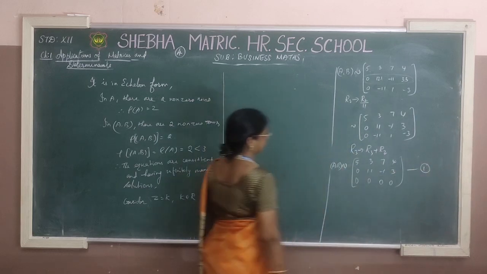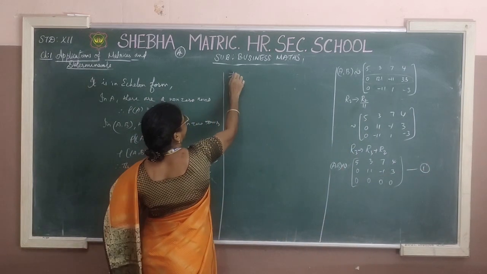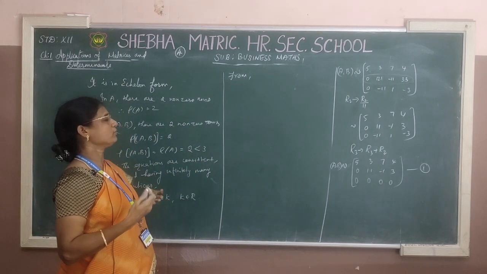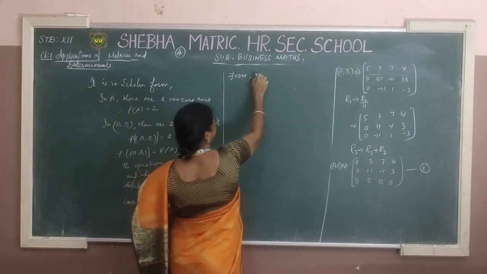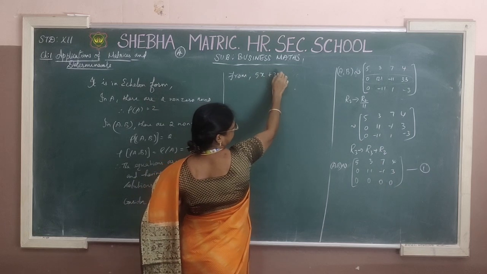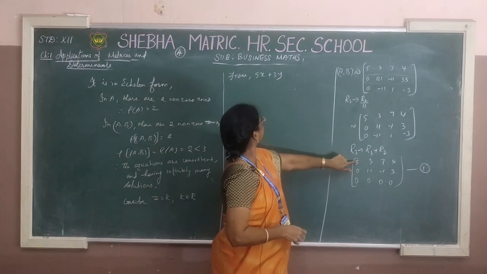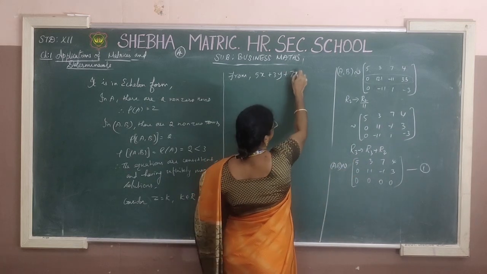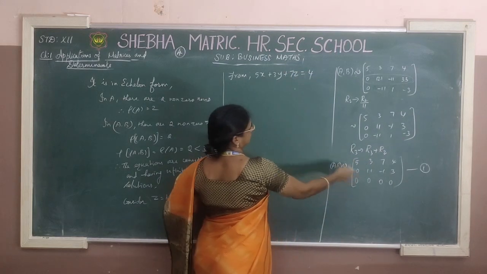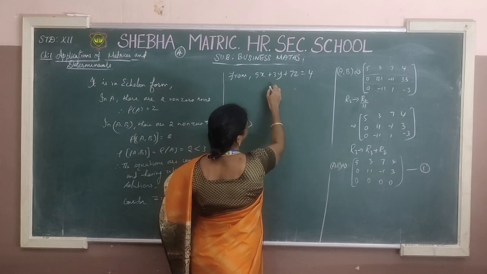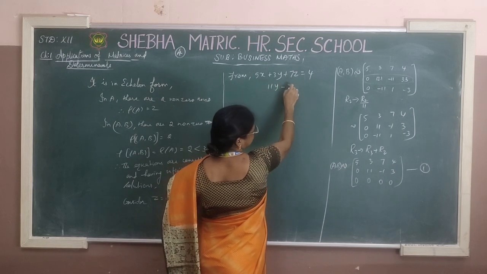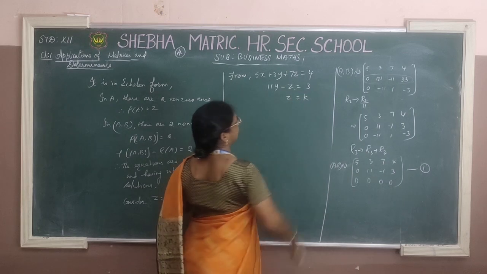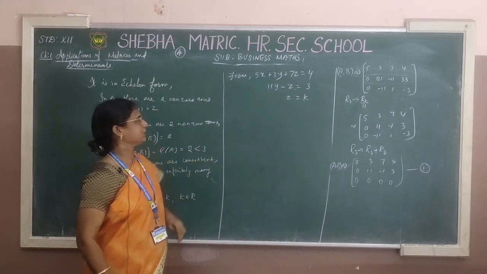This is our first equation. From the first, we have to form equations. What is that? 5x plus 3y plus 7z equals 4. The second one: x is 0, so 11y minus z equals 3. And the third one is our assumption z equal to k.